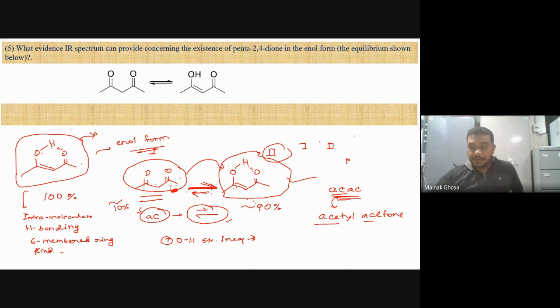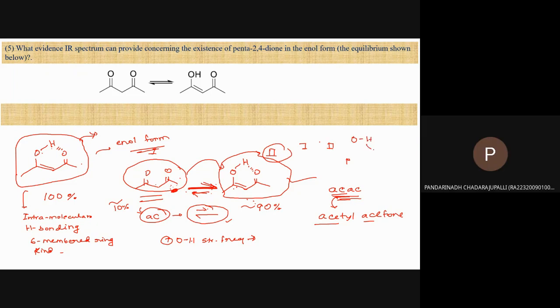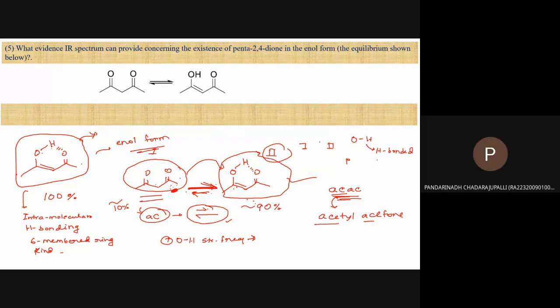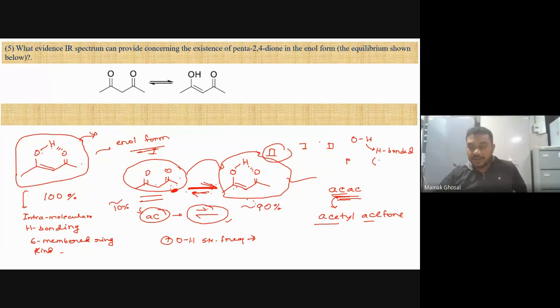So when is OH sharp and when is OH broad? Remember what I told you? If the OH proton is hydrogen bonded, it shows a broad spectrum. If it is not hydrogen bonded, it will show a sharp spectrum.